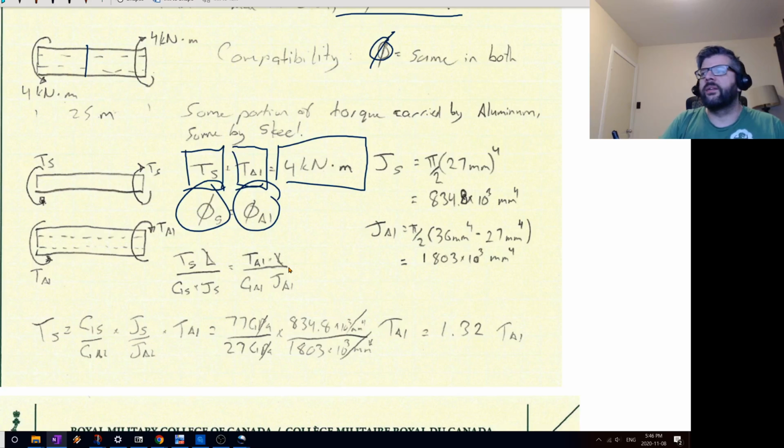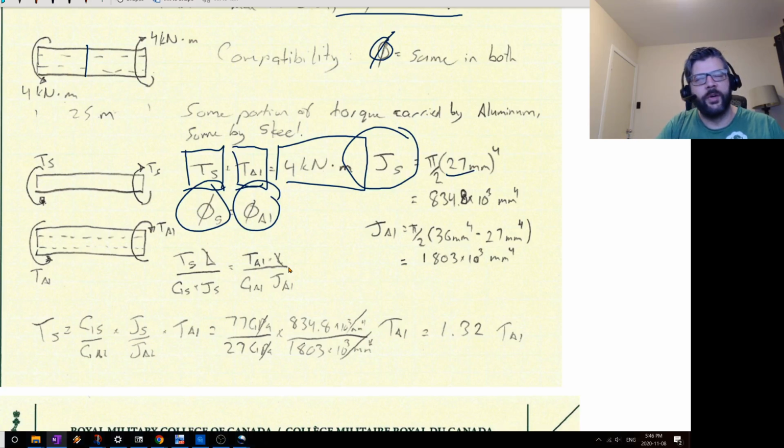If we want to analyze this, we're going to need to know what the J's are. For the steel, J is pi over 2 times the radius to the fourth. Keep in mind, don't plug in your diameter there, plug in your radius. So 27 millimeters to the fourth gives us 834.8 times 10 to the 3 millimeters to the fourth.